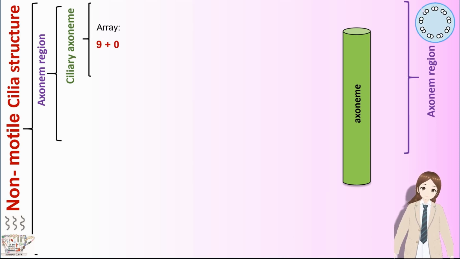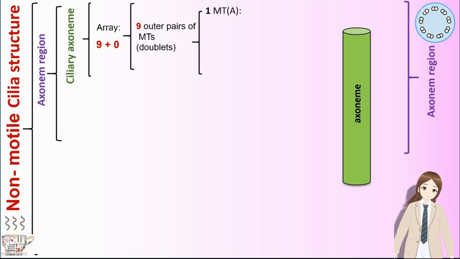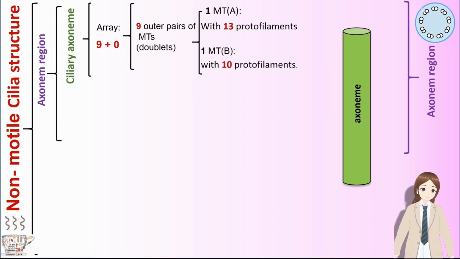Its array is 9+0. It means 9 outer pairs of microtubules or doublets. One doublet is microtubule A with 13 protofilaments and microtubule B with 10 protofilaments.